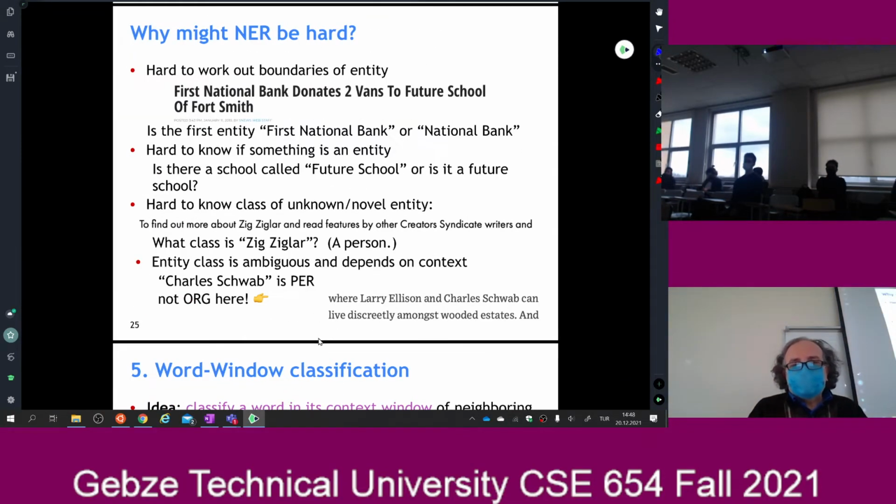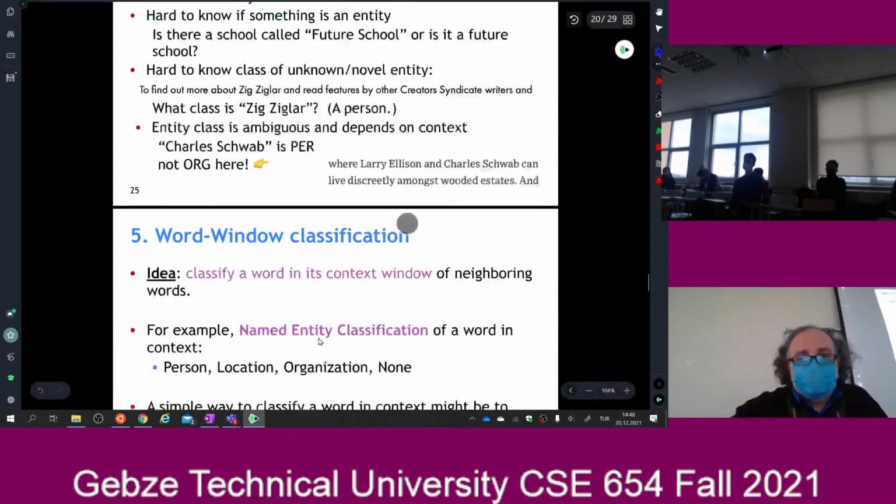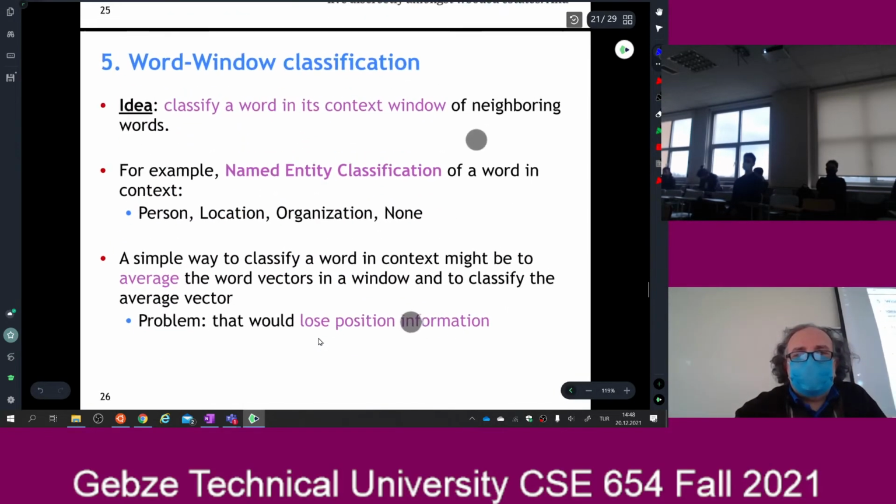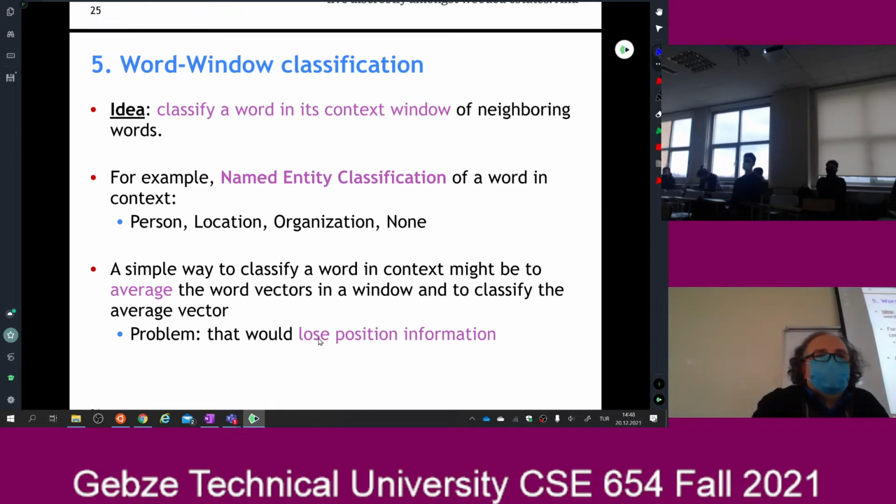Typical ambiguous NLP problem or artificial intelligence problem. Okay, so what are we gonna do? This is our first initial approach. Word window classification. Okay, idea is classify a word in its context window. So what am I gonna take?